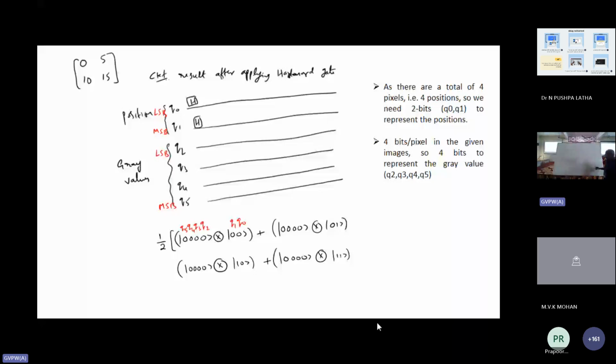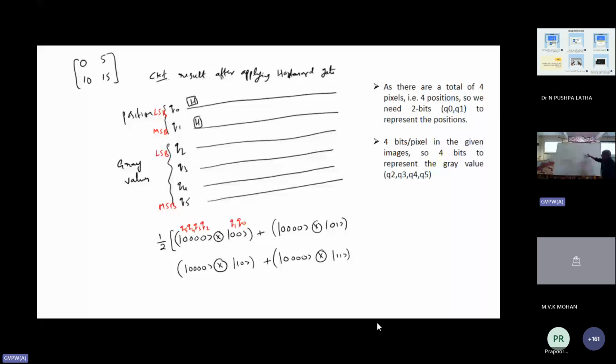So by applying the Hadamard gate on Q0 and Q1, the final result is going to be like this. So this 0, 0 will be made into 0, 0, 0, 1, 1, 0, 1, 1. Because as I told you, the Hadamard gate will give you superposition.